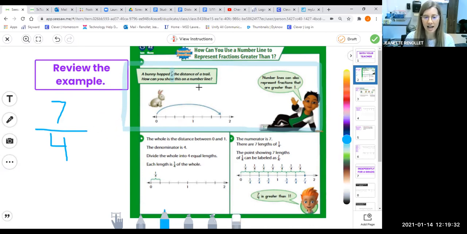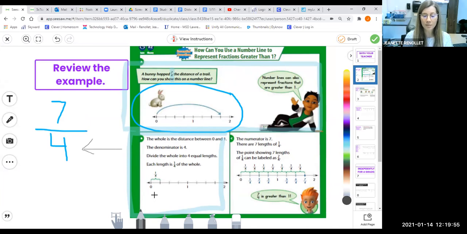So let's look at this example. Here's the bunny who's going to hop on the trail. Our example says, first, we can partition because of the denominator. The denominator, boys and girls, is 4. So on the number line, we can partition into 4 equal parts.